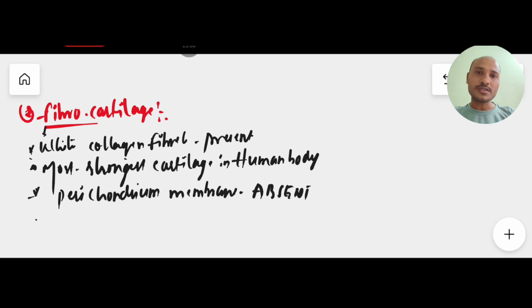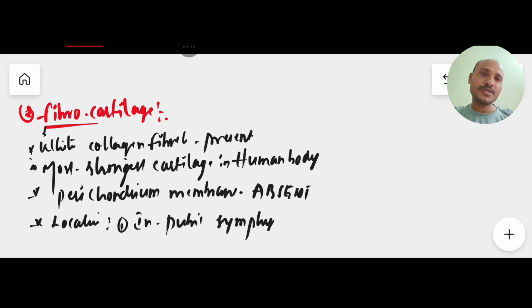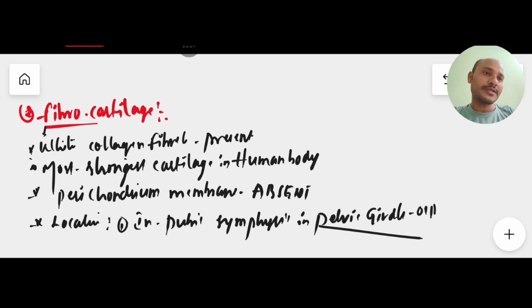These fibrocartilages are located in various places. The best example location is the pubic symphysis in the pelvic girdle. Generally we have one pair of pelvic girdle bones, also called coxal bones, and each coxal bone is made up of three types of bones.